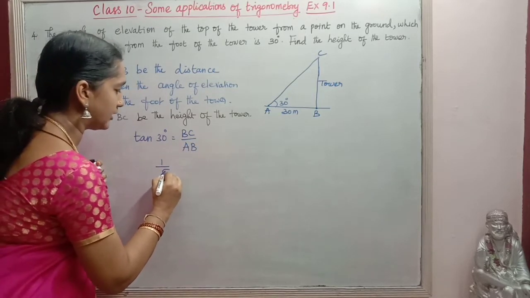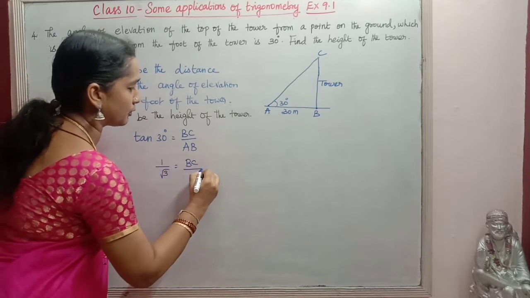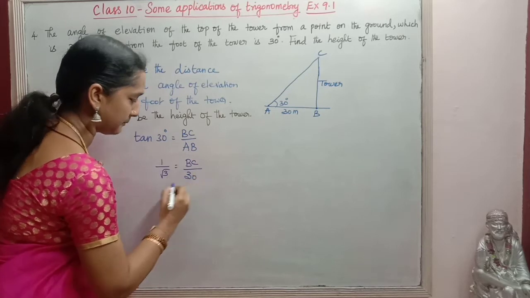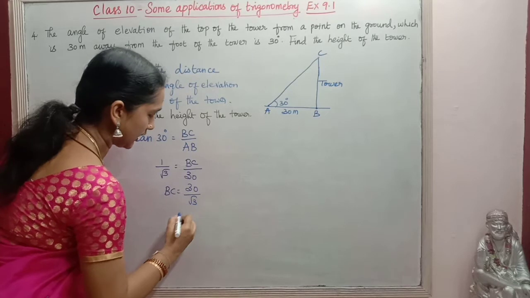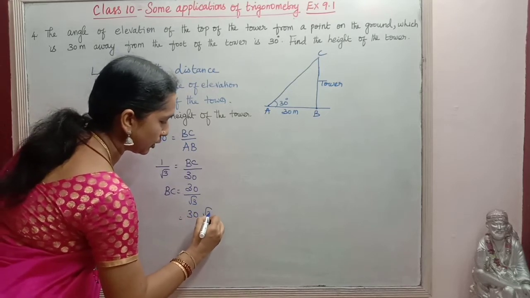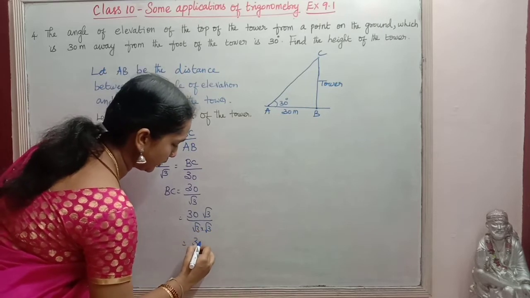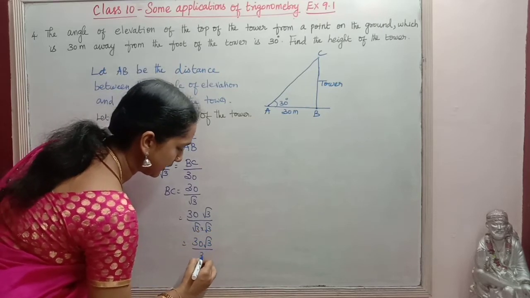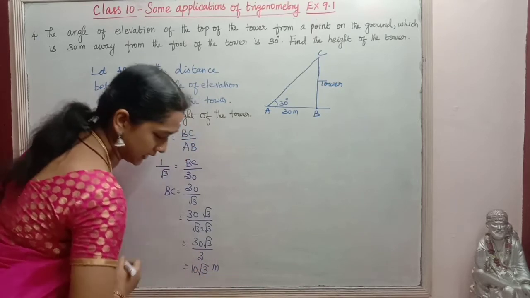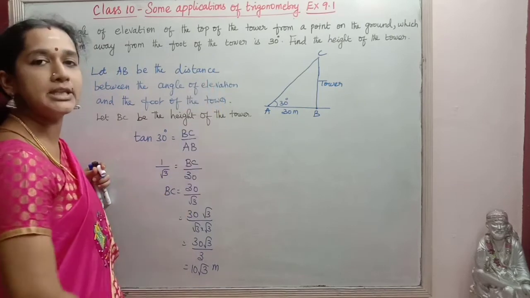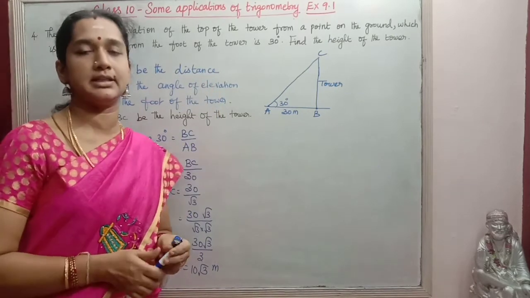We know that tan 30 is 1 by root 3, that is equal to BC by AB, and AB is given as 30. So BC is equal to 30 by root 3, that is 30 root 3 by root 3 into root 3, which is 30 root 3 by 3. If we simplify this, we get 10 root 3 meter. So the height of the tower is 10 root 3 meter.